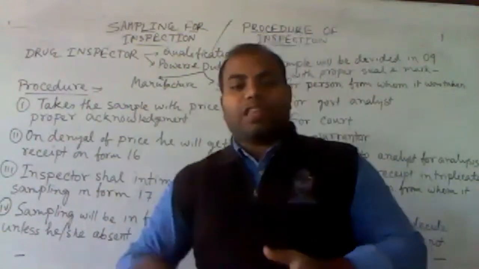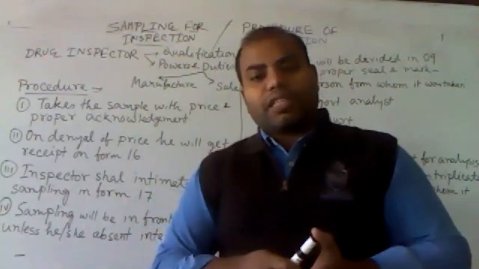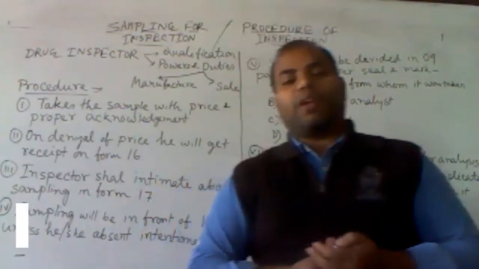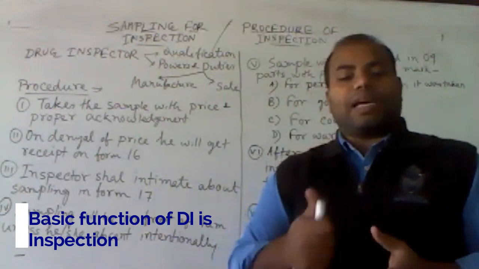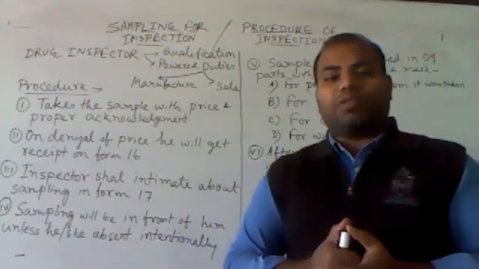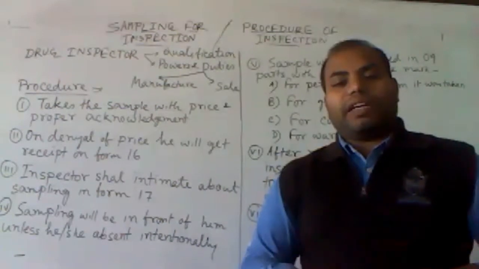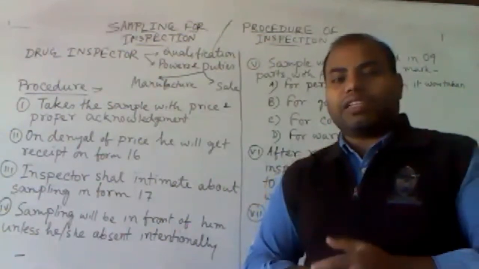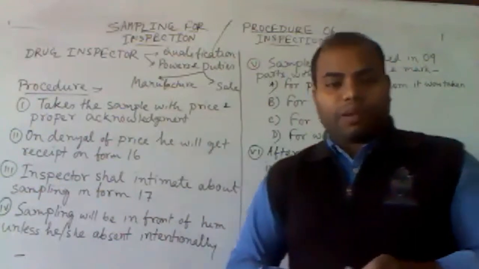Okay, so for the inspection of drug and cosmetic substances in manufacture or sales, the inspectors take samples for proper inspection. Today we are studying the proper inspection procedure followed by the drug inspector, and I will brief it out.